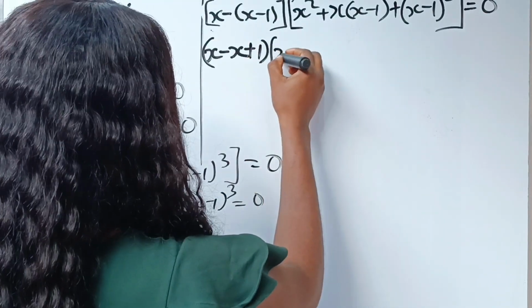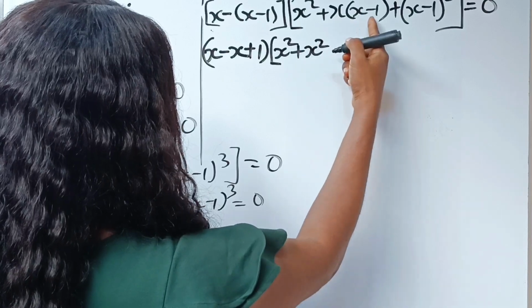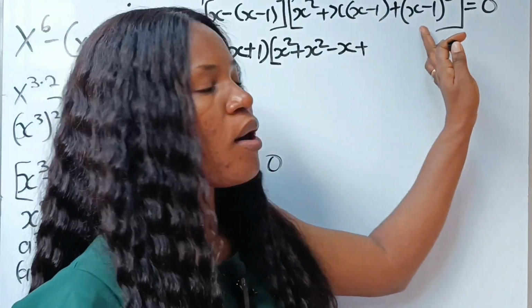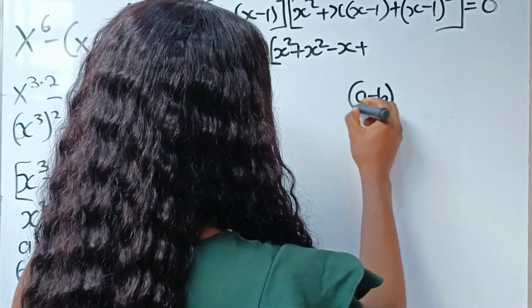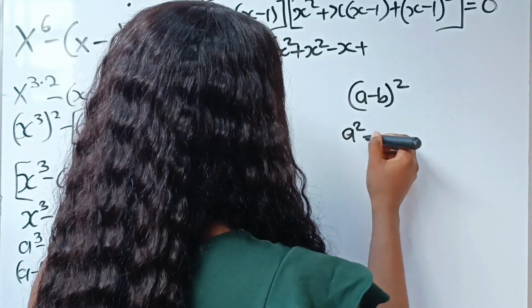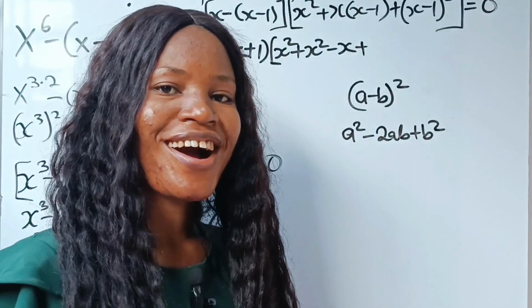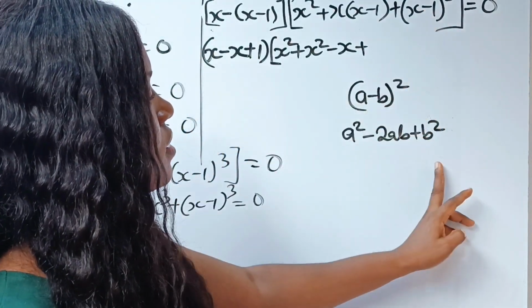Now here we have x squared plus x times x is x squared, x times minus 1 is minus x, plus now we have x minus 1 squared. That is a minus b squared, which in algebra is a squared minus 2ab plus b squared. So let's express this in this form.